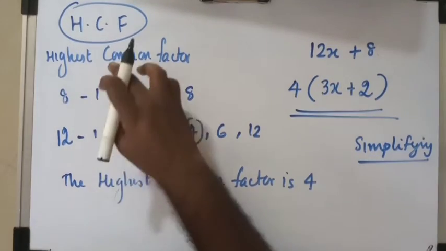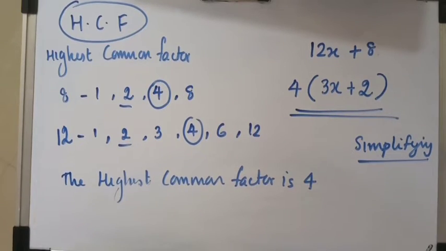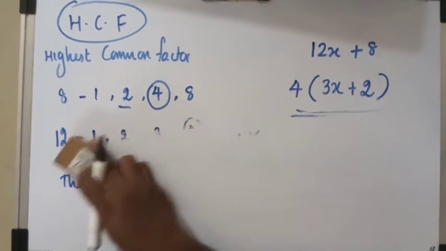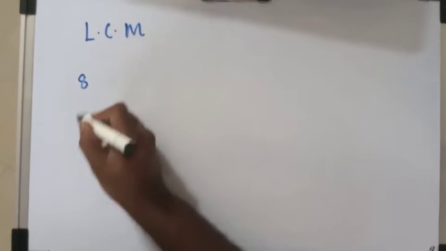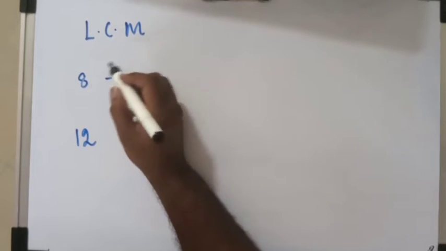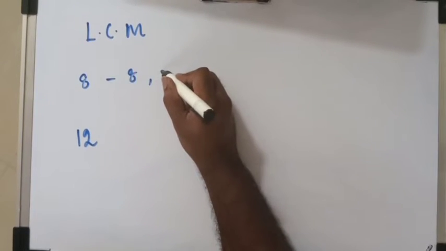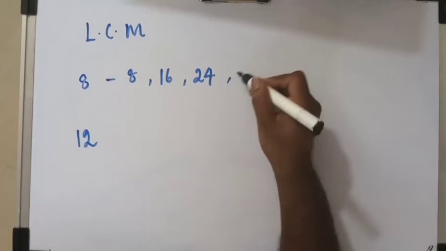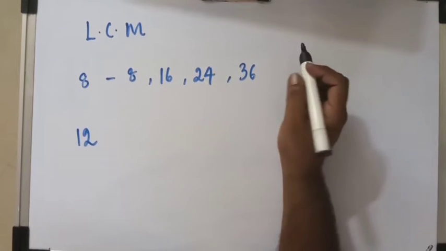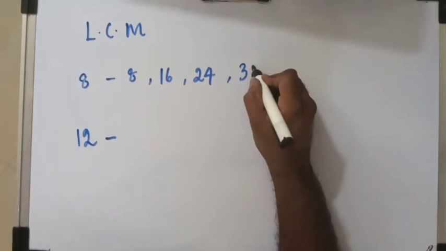Okay, so you got how to find the highest common factor. Now we'll be seeing the least common multiple. Children, least common multiple is LCM. Say I need to find the least common multiple of two numbers, the same numbers, 8 and 12. The multiples of 8: 8 ones are 8, 8 twos are 16, 8 threes are 24, 8 fours are 32, and in the same way onward.